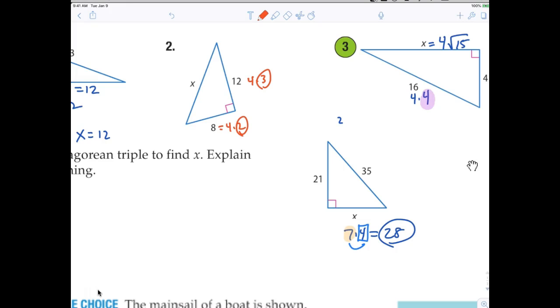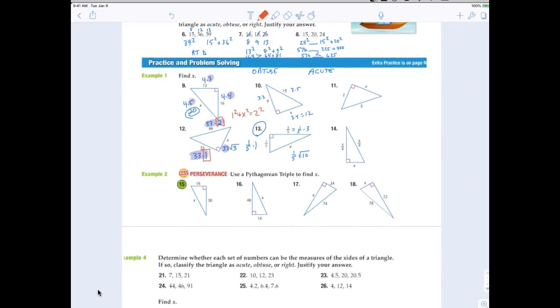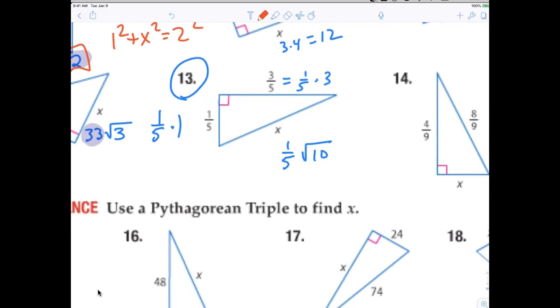Can you go back to 13? Yep, let's do 13 real quick. I don't fully understand why you multiplied by 1/5. Okay, because I noticed in here there was a dividing by 5 and a dividing by 5. I just pulled out the fraction 1/5.